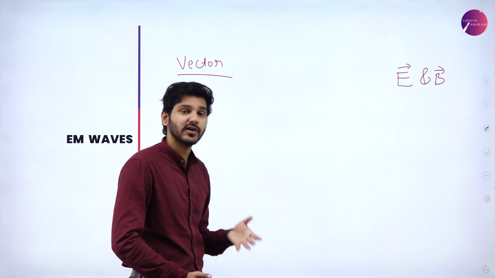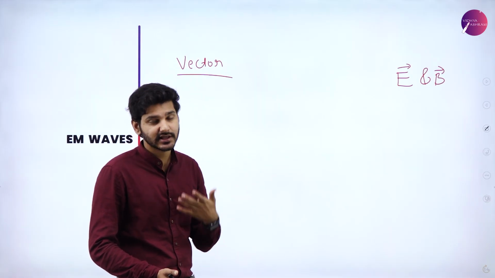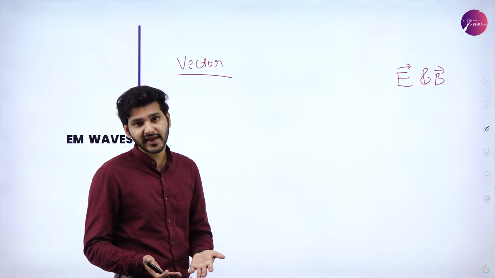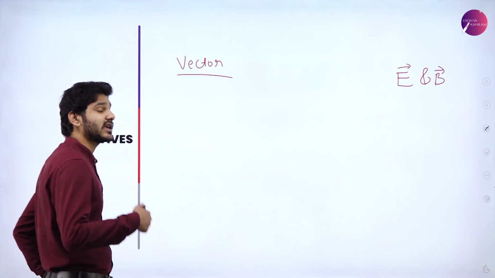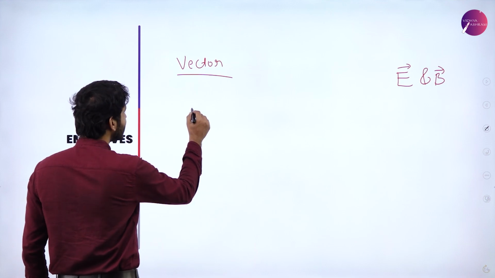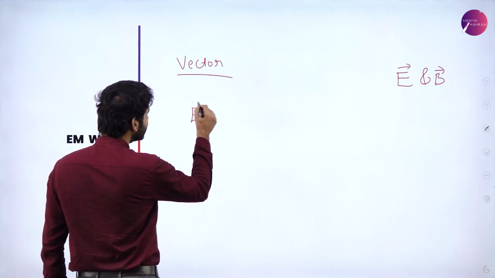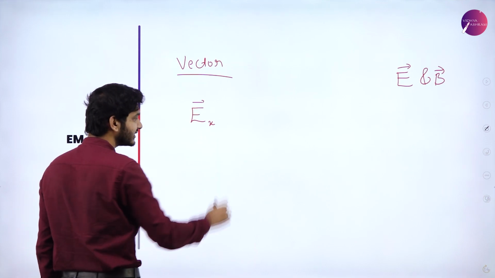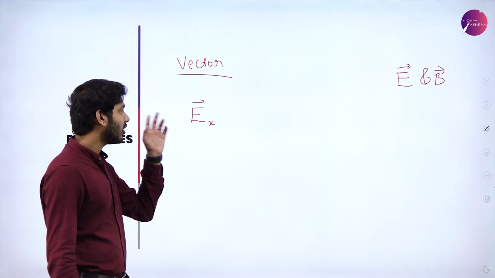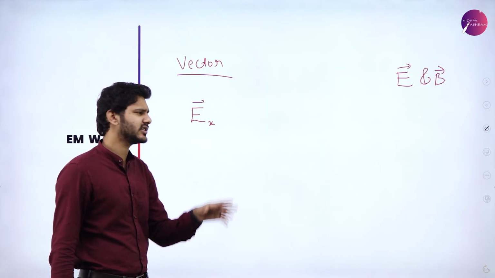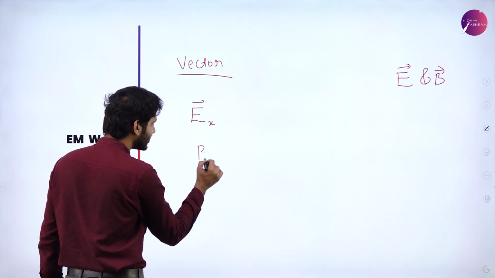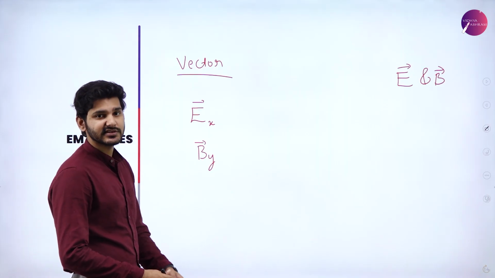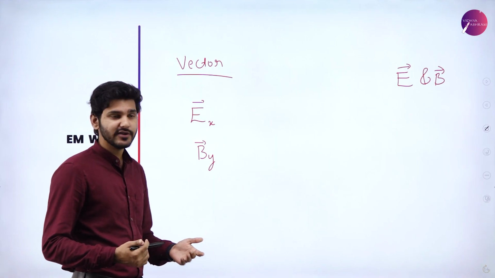If the particle is vibrating in the z-axis, then obviously the propagation of the waves will be in the x and y-axis. So I can represent the waves as, let's say, the electric field oscillations are propagating in the x direction, which I'll indicate as Ex. Then mutually perpendicular to that, the magnetic field will exist, indicated by By.